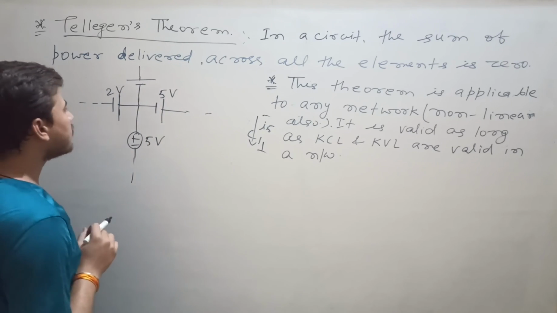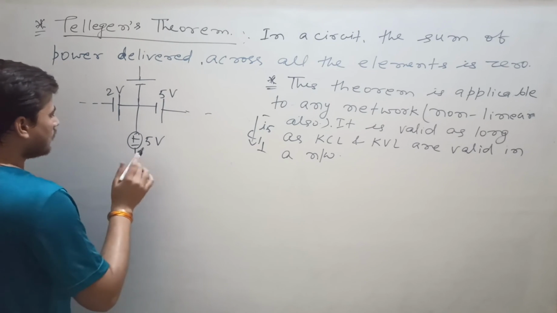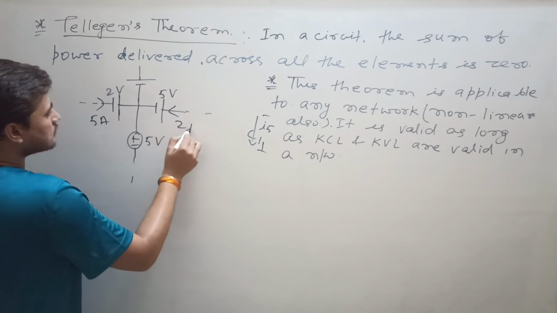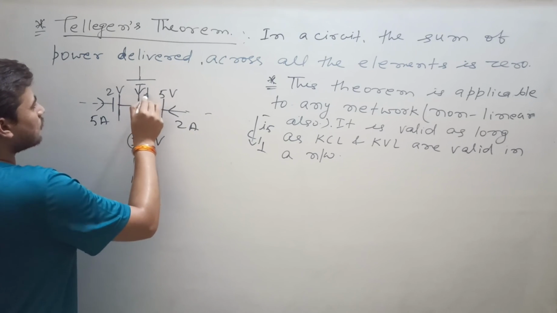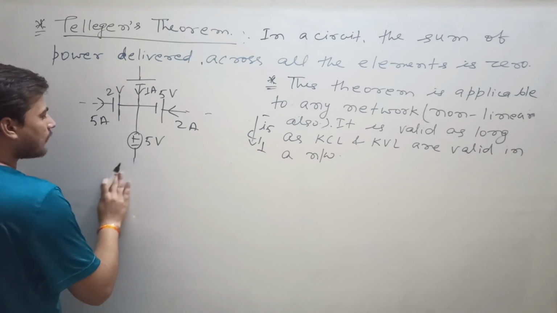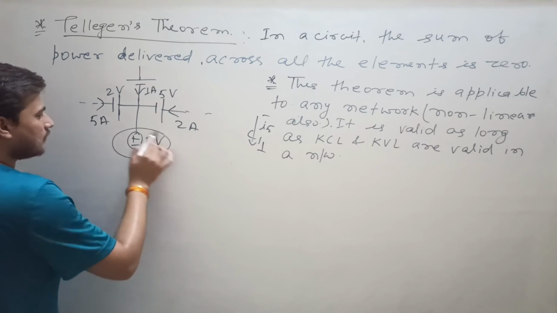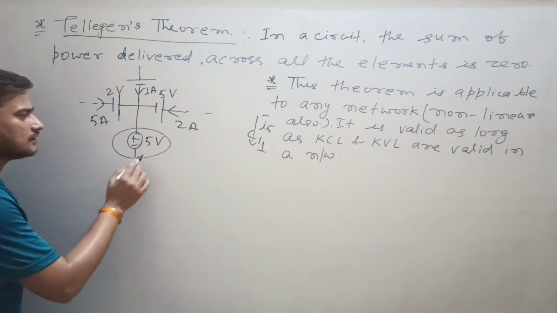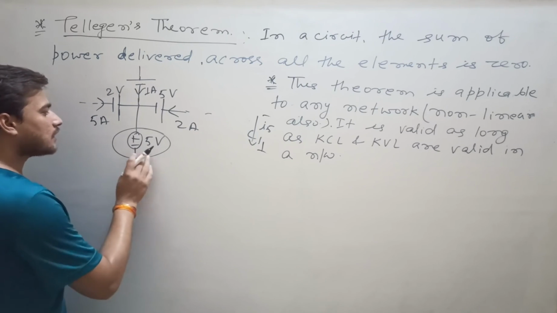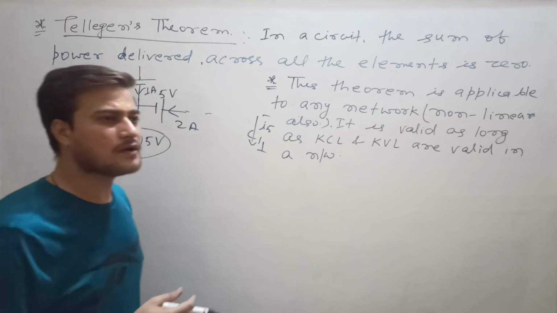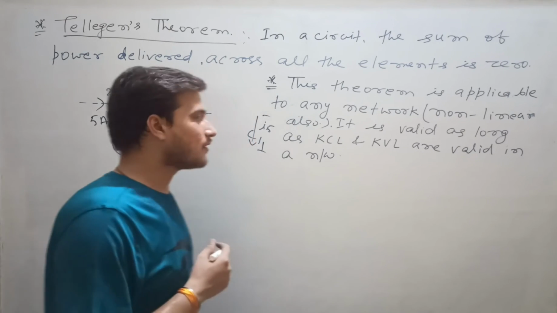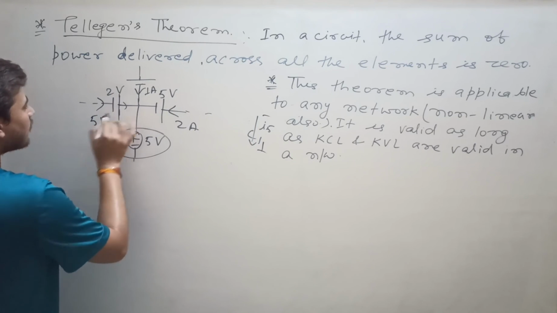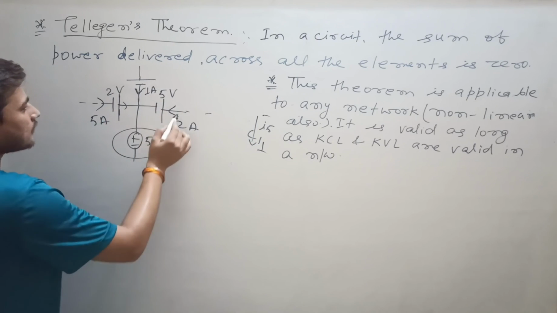So now here the currents are 5 ampere, here it is 2 ampere, here it is 1 ampere. So now you have to find the power of this 5 volt source. You have to find the power of this battery. You have to check whether this battery is delivering the power or it is absorbing the power. So let us see how to check. Look at this one. This is 5 ampere, this is 1 ampere, this is 2 ampere.